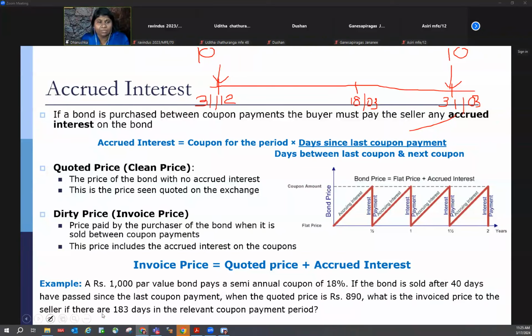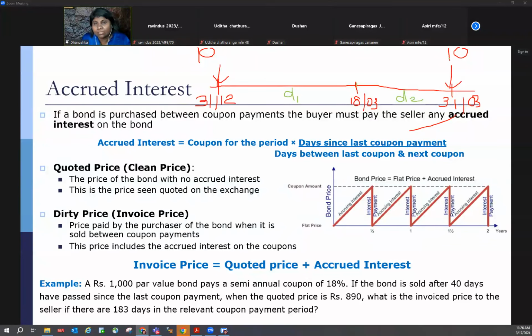That's unfair, because I held this bond from the last coupon payment date until the 18th. We call that D1 number of days. But the person who holds it from the 18th to the 31st, let's call that D2 number of days, is not entitled to the entire 10 rupee coupon, yet will get the entire 10 rupees.